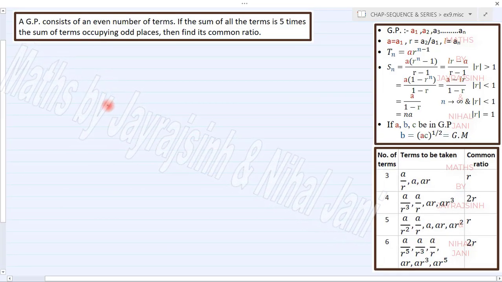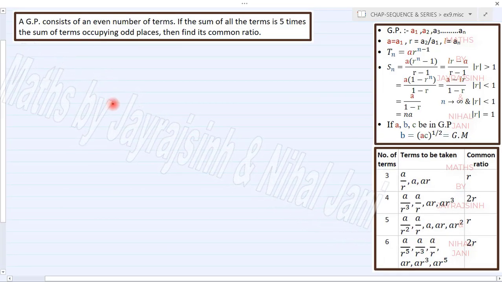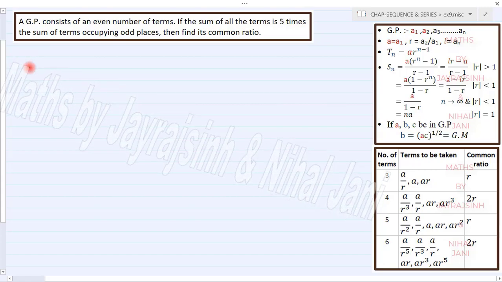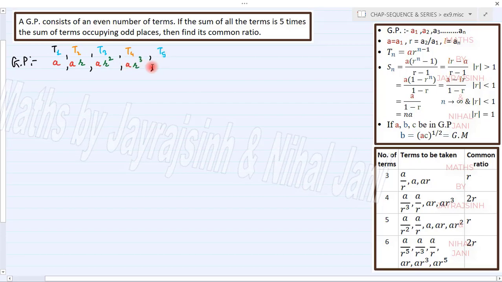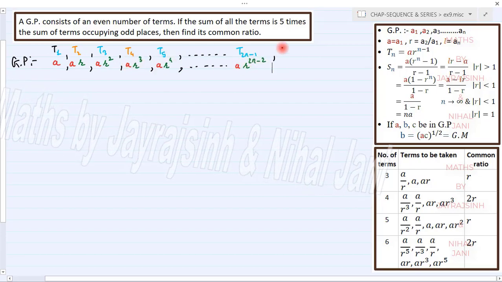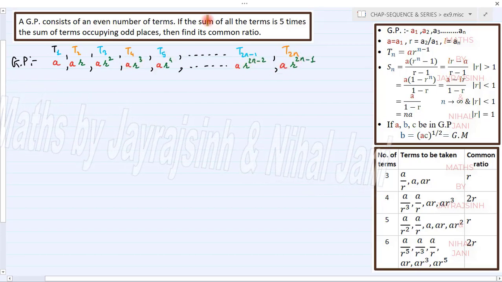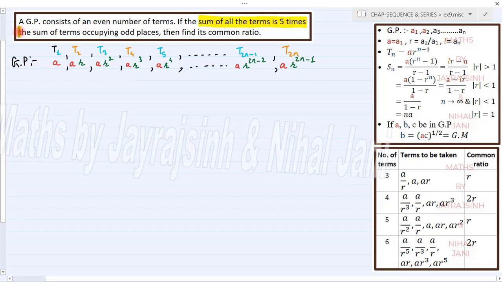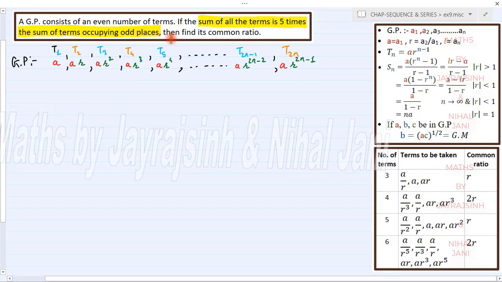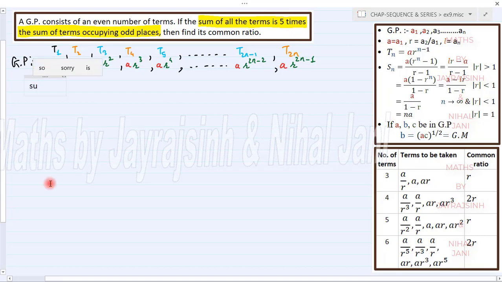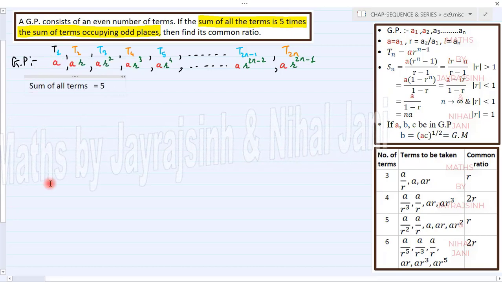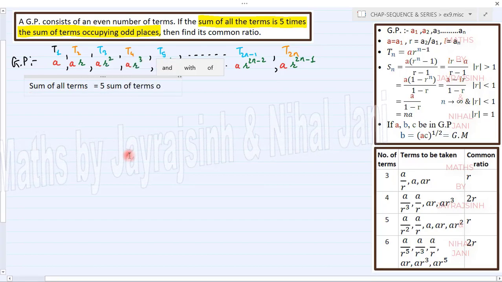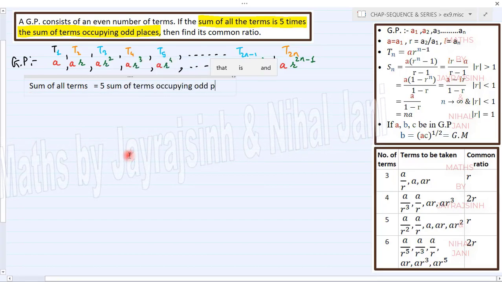In this question, we have a GP consisting of an even number of terms. So let's consider a GP having an even number of terms, or we can say 2n terms. Now, in this question, we have one interesting condition, that the sum of all the terms is equal to 5 times the sum of terms occupying odd places.